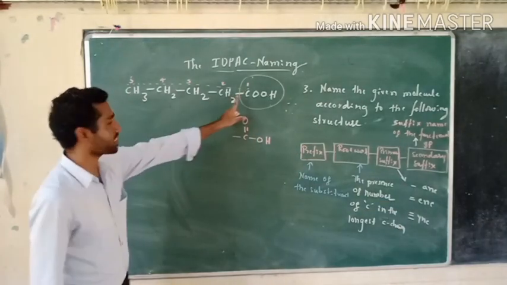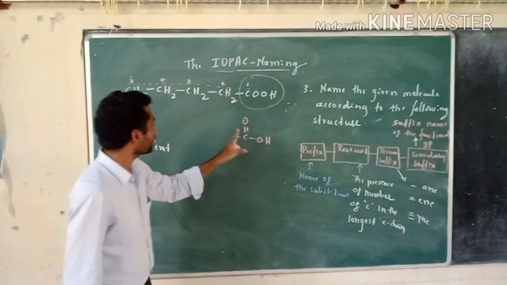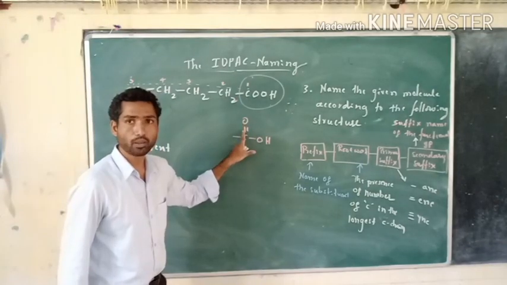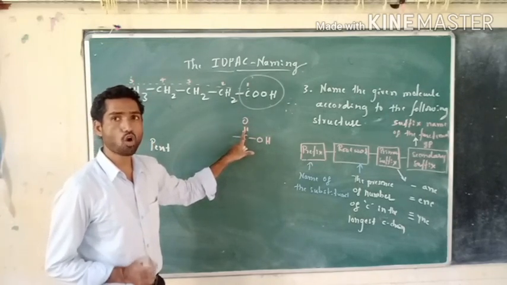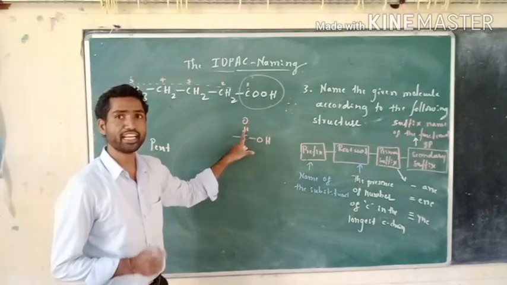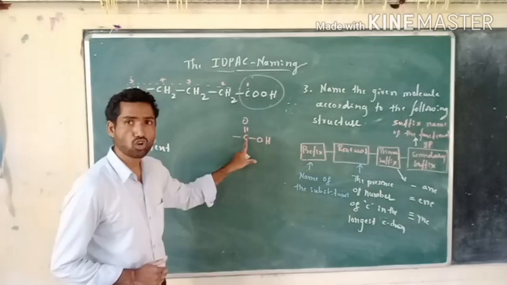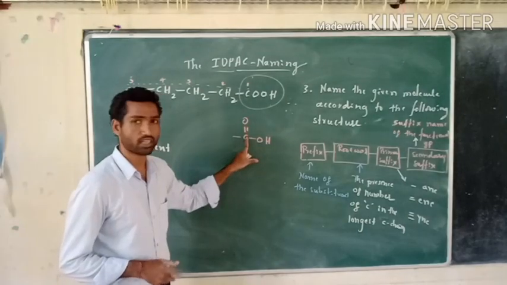Only carbon to carbon single bonds are there in the identified longest carbon chain. So we are not supposed to consider this. This is a carbon to oxygen double bond. We have to see only the carbon to carbon bonds present in the identified longest carbon chain. Therefore, we are not supposed to write ene by looking at this carbon to oxygen double bond.